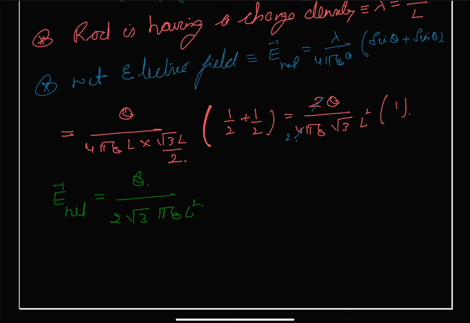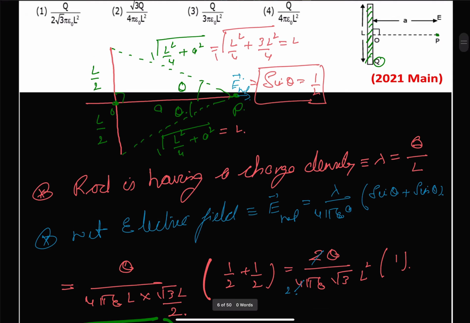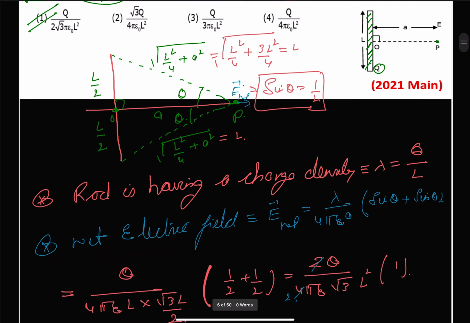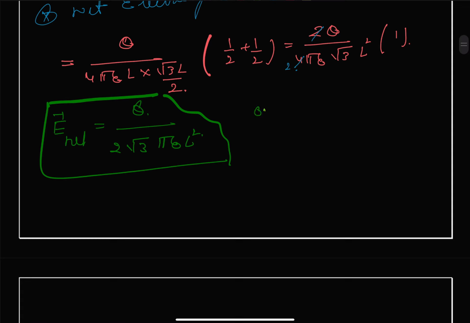So this is the net value of the electric field, and option number 1 is correct. Next question.